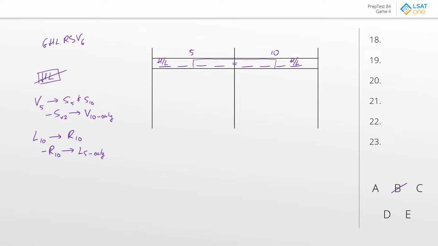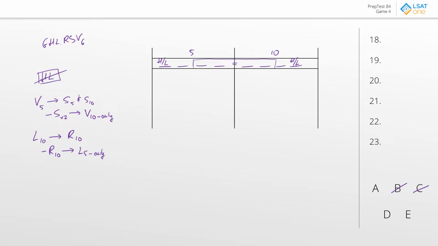Next, answer choice C has H on the one side and both of them on the other side, so that also doesn't work. Answer choice D has L on one side and H on the other, we're good. And answer choice E has L on one side and H on the other, we're also good. Next, for this rule, if V is on 5, we should look for cases where V is on 5. So answer choice A, we don't have V on 5, so this doesn't really apply.